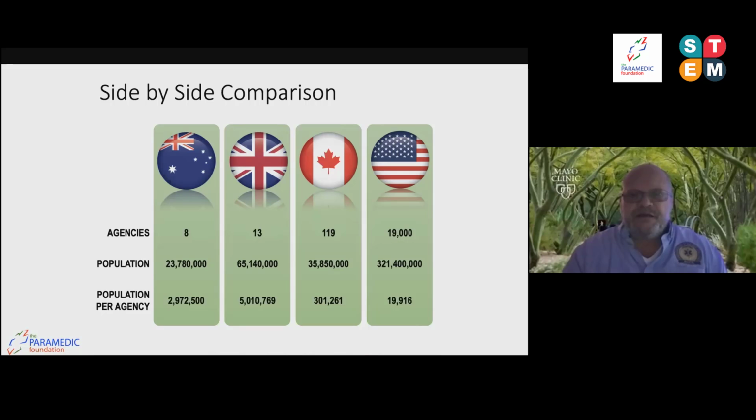In Canada, there are 119 paramedic services covering about 36 million people, so 301,000 per agency. In the United States, we have 19,000 agencies covering 321 million people, or about 20,000 people served per agency.